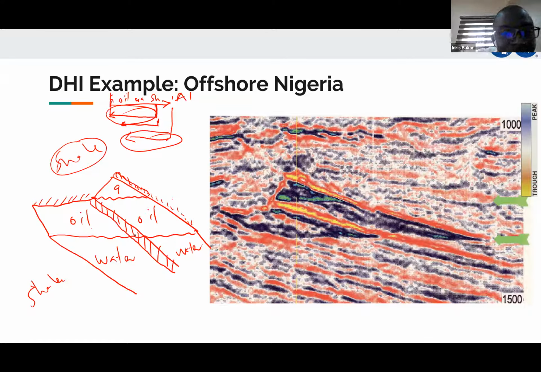So even if it's a small carrier bed, if you like, in between these two units, over geologic time, everything will sort of equal out and would have this fluid contact, suggesting that it's one reservoir, okay? So this is the expression, I should say, of what we're interpreting from this seismic data. Okay, all right.